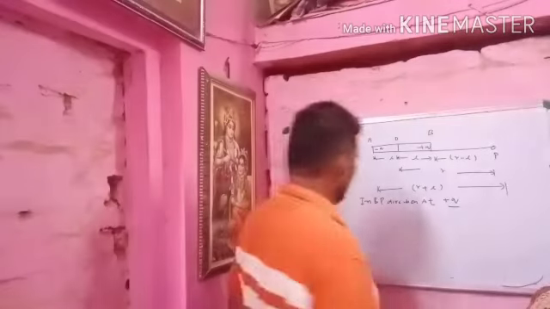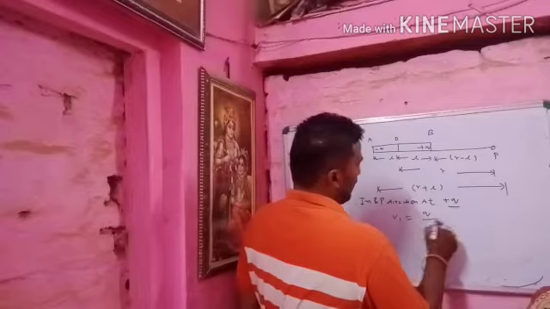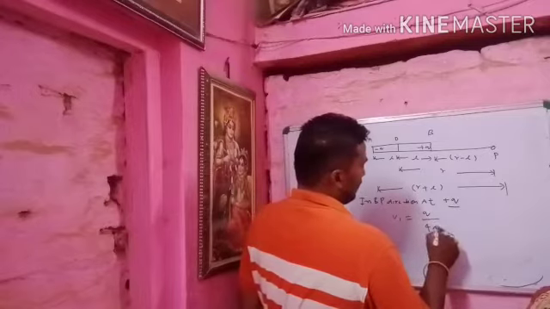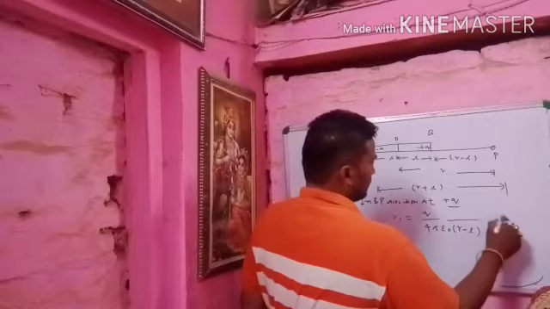Its value is V1 equal to q upon 4 pi epsilon naught into R minus L, equation 1.